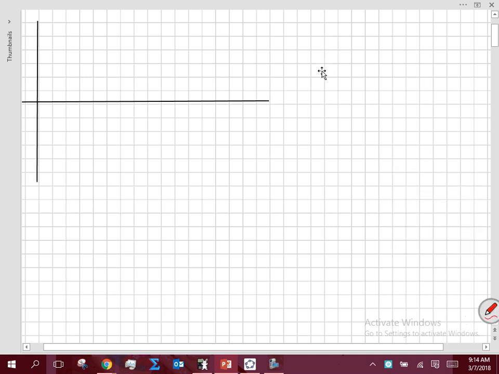So let's take a step back and focus on just 1 or 2 transformations at a time. So what I want to do is graph y equals 2 sine of 4x. 2 sine of 4x.